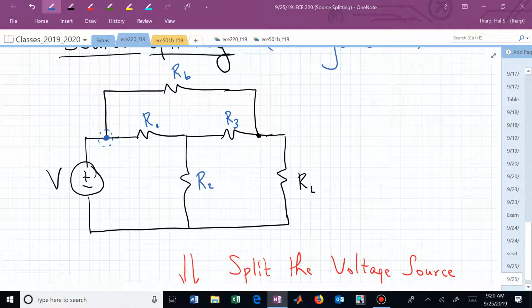What happens now if I split that voltage source into two voltage sources, maintaining the voltage V at that node?